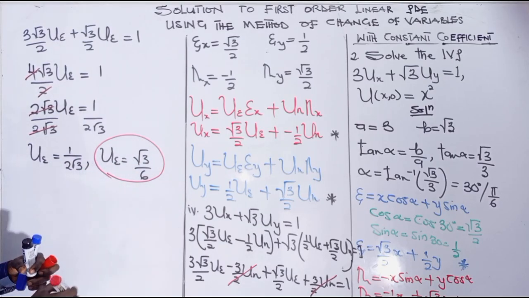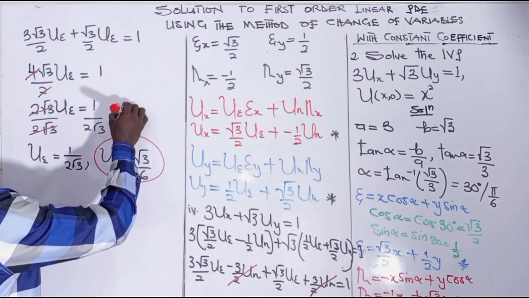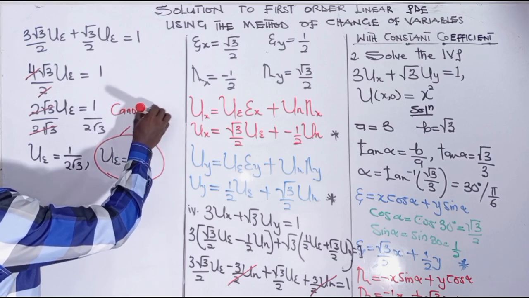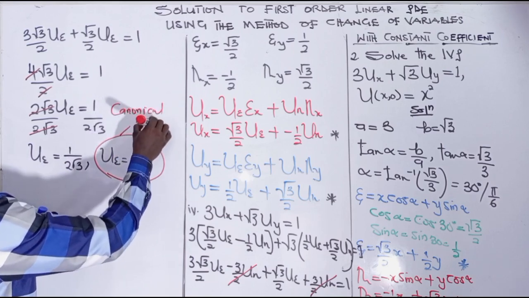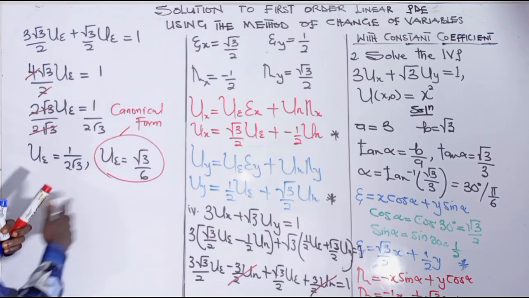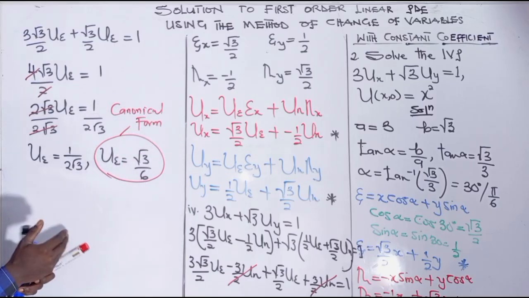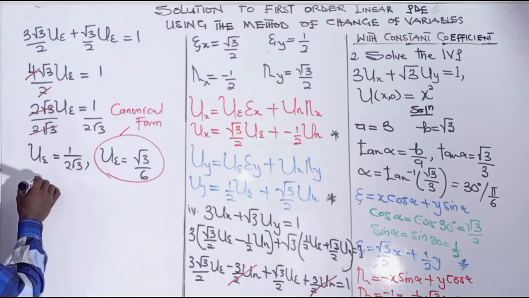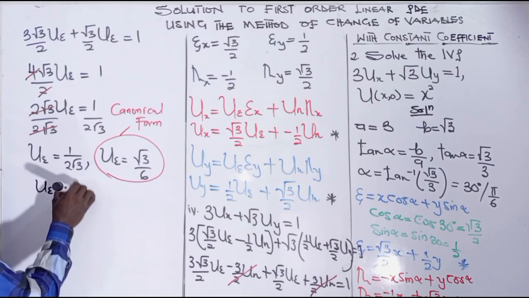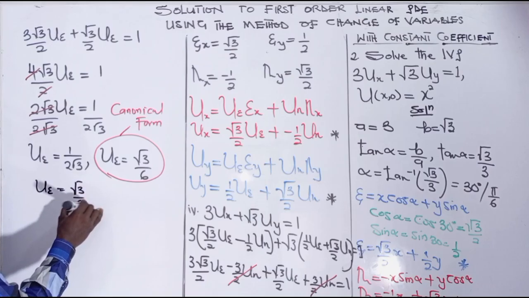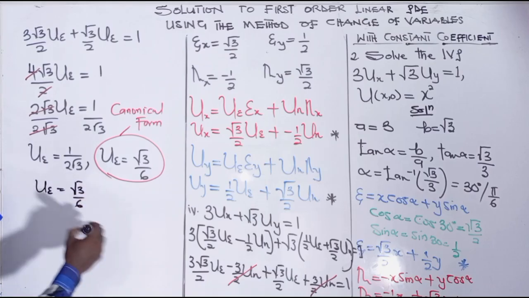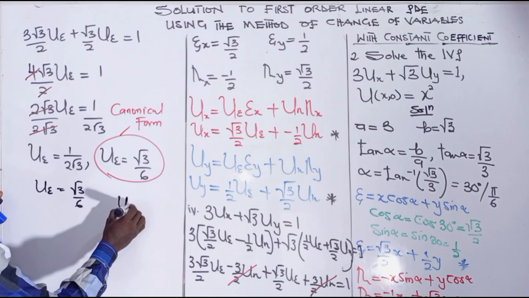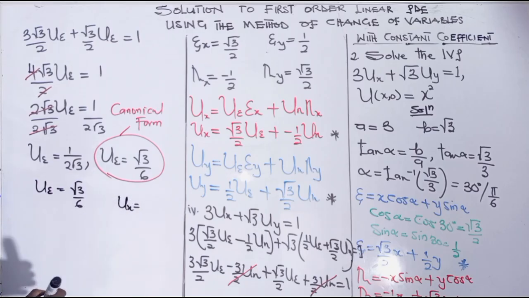So this form of the PDE is called the canonical form. At this stage, we are going to integrate. Now you agree with me that when we have ux, we can write it using another notation.